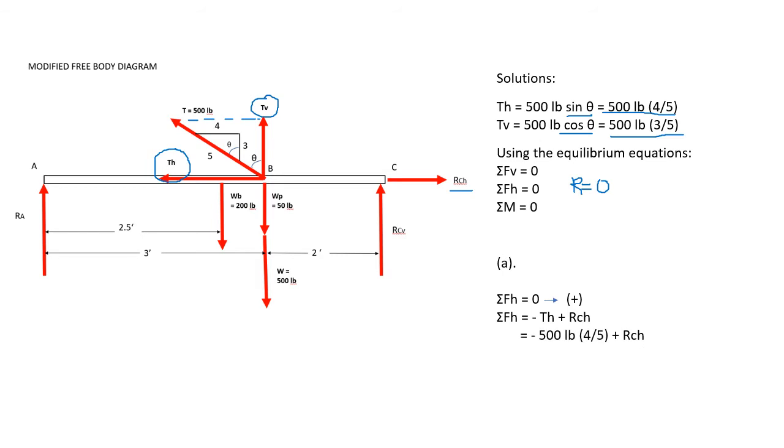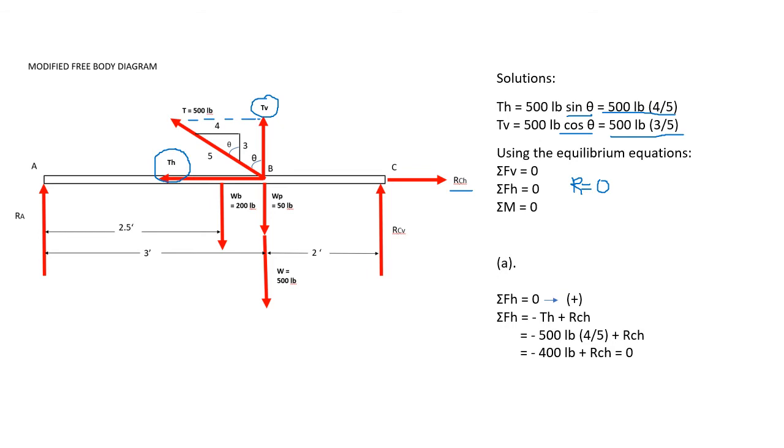Therefore, substituting the value of TH, we have negative 500 pounds times 4 over 5 plus RCH, which is the unknown, equal to 0.